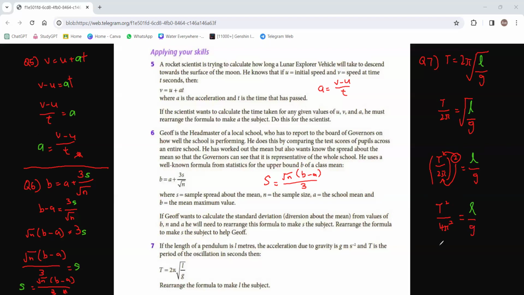Now lastly, because here is L over g, which is divide, so we'll move the g to the other side, which is multiply.